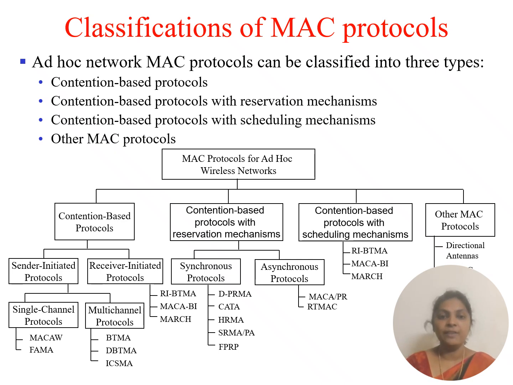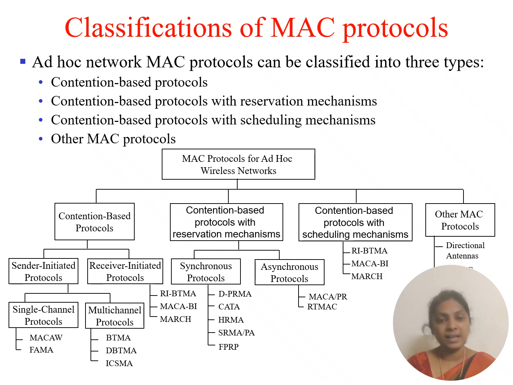They don't have any fixed scheduling or reservation, but the stations will contend or compete with their neighbors and then start the transmission. So it is a kind of random working protocol. Whenever a station generates data, it will try to compete with the next station, and the first station that wins will send the data and hence the data transmission will happen.